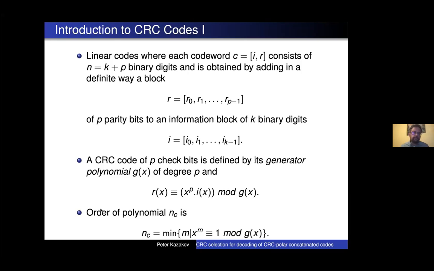You can achieve a minimum distance of 2 if you just have the polynomial x plus 1, if g(x) is x plus 1.